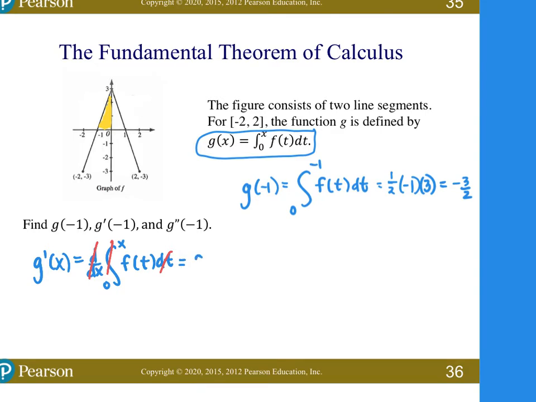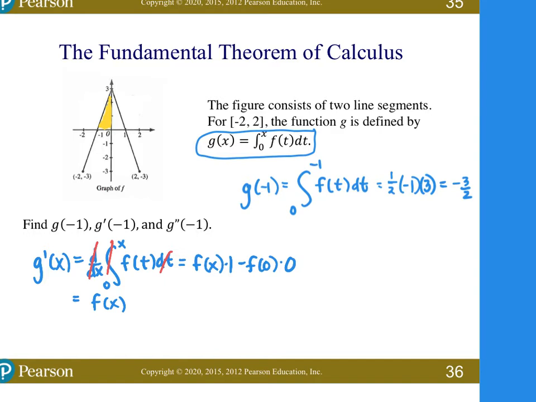And then we'll have f with the upper bound plugged in times the chain rule of 1 minus f with the lower bound plugged in times the chain rule of 0. Clean that up, and all you have is f of x. So in other words, g prime is the y value on the graph that you're looking at.